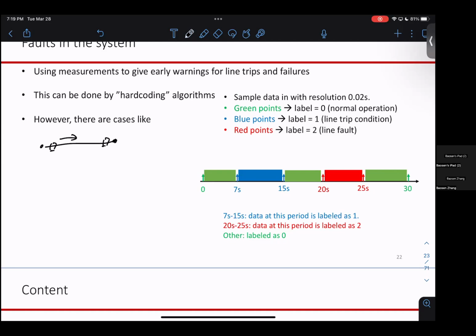Can anyone think of a reason why? So let's say you have a transmission line with breakers, and you measure high current. Your reaction is actually not to immediately kill the line and then wait for somebody to restore it. So what typically causes high current in the system? I have a power system, I have a transmission line sitting there.